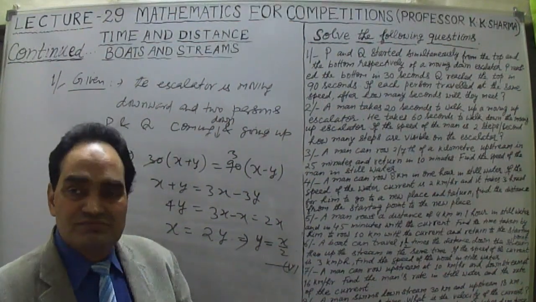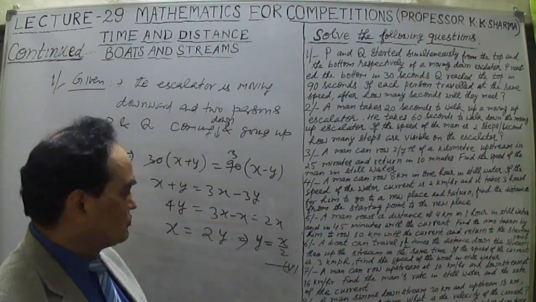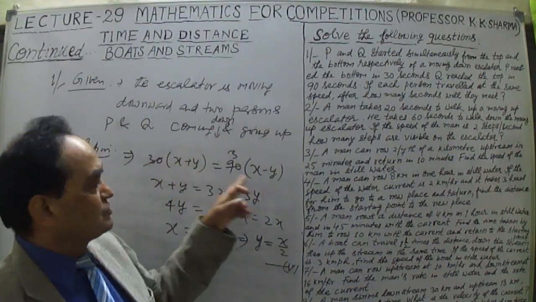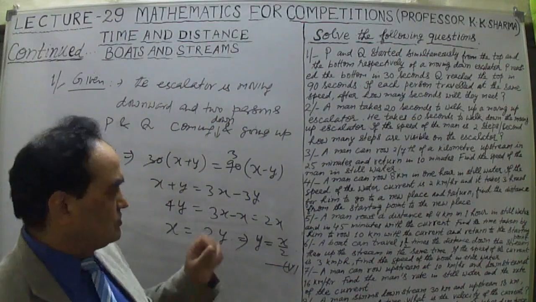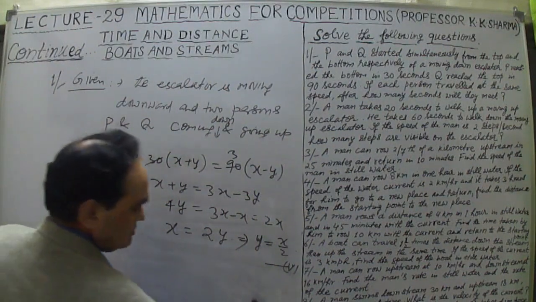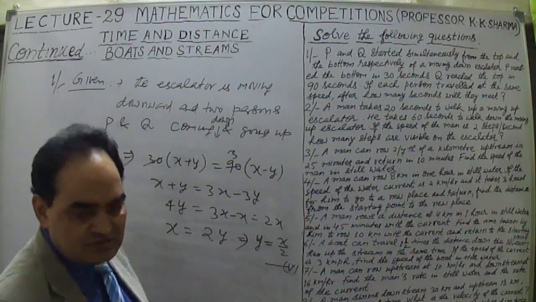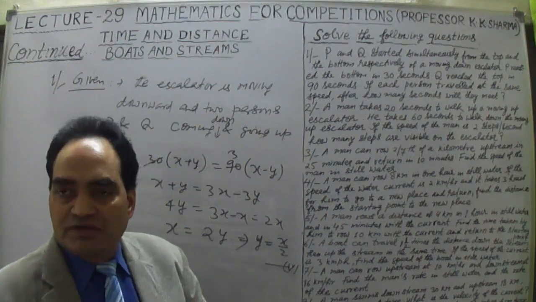Now, when will they meet, that is the point. Take the total number of steps, either this or this, divided by the relative speed. That is the time taken.